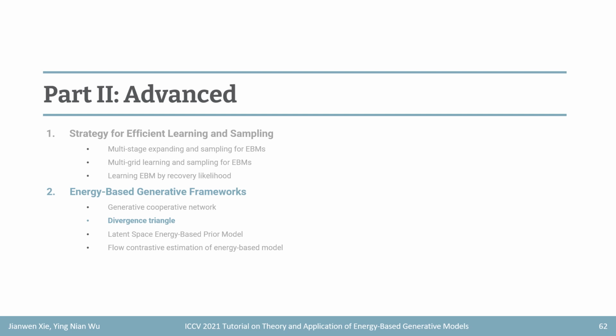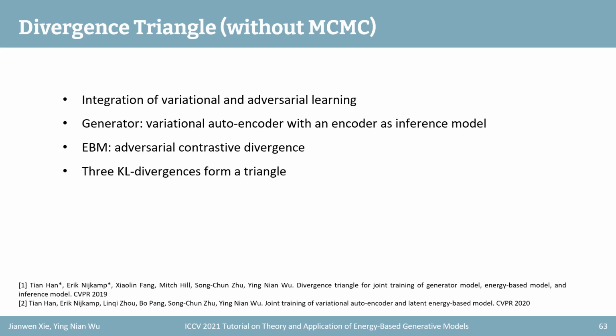We now move on to the next method that completely avoids MCMC. We call this method Divergence Triangle, where we don't use any MCMC. It is a framework that integrates variational and adversarial learning. The generator involves the variational autoencoder, where the encoder serves as an approximate inference model. And the energy-based model is learned by the so-called adversarial contrastive divergence.